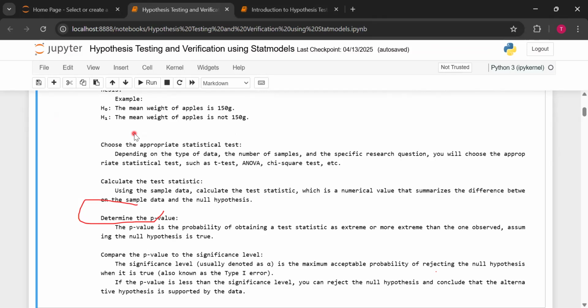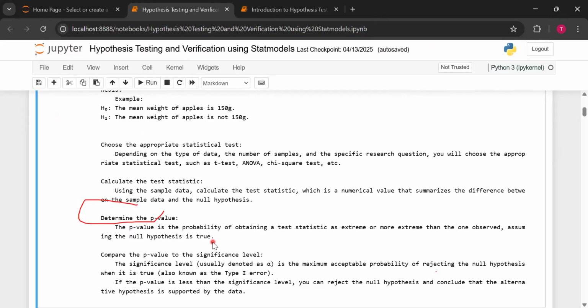So you need to have a confidence level, and that confidence level gives us what we call the alpha, which is the significance value. The essence of the significance value is that it helps you to know whether your results are not by chance. So it gives us an alpha value of 0.05. If your value is less than 0.05, you can conclude.